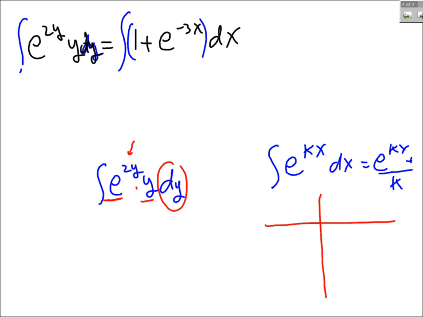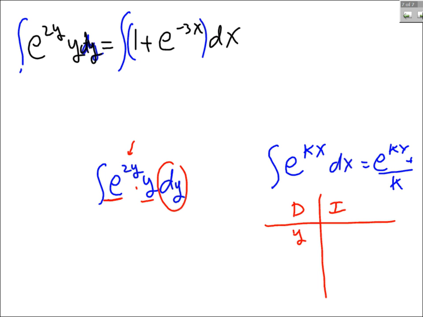Now, the derivative of e to the 2y, the derivative of that, the derivative of that, you're not getting to 0. In fact, it'll never go to 0. But if you take the derivative of y, you'll get 0.